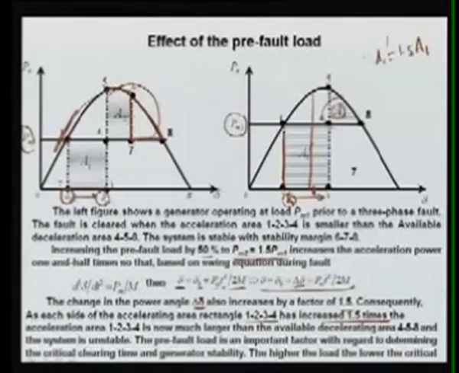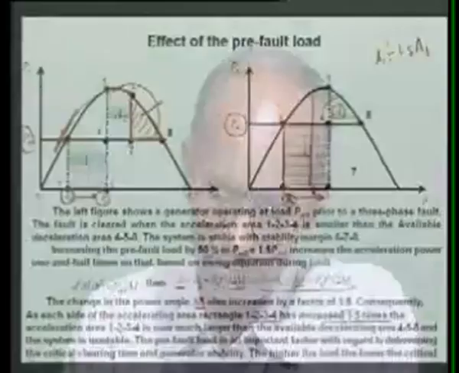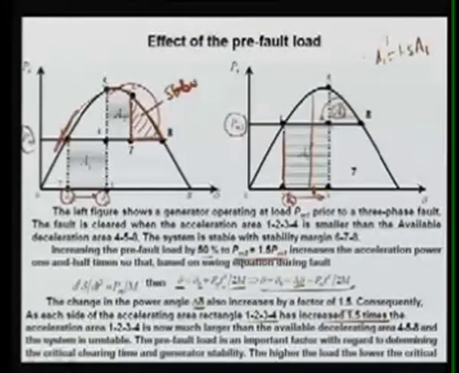The area 6, 7, 8 is called the margin, known as the stability margin of the system. If this margin is larger, then we can say our system is more stable. This gives you relative stability; this margin is an indication of the stability of the system.